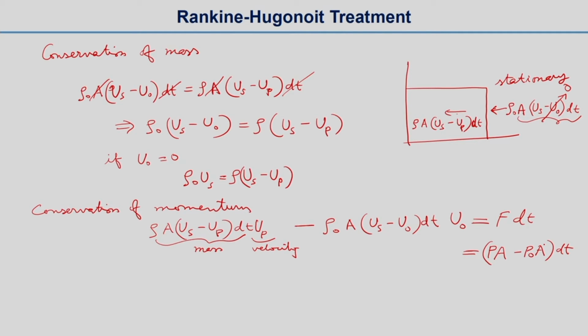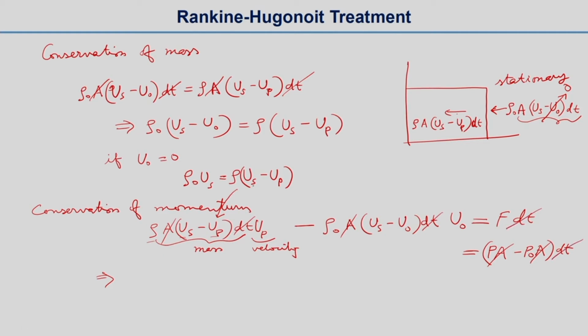Now let us simplify it with mass conservation. We can cancel out all the A's and also dt.